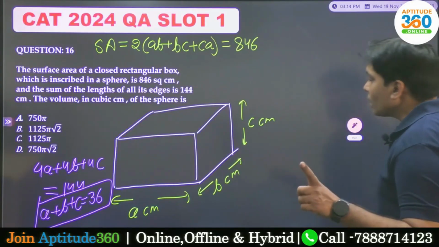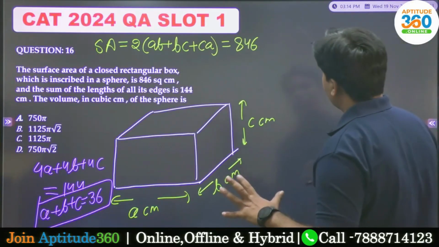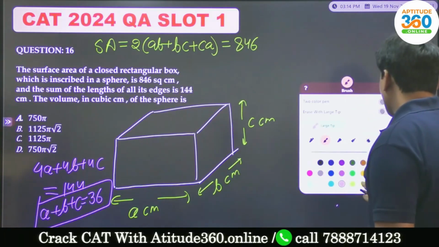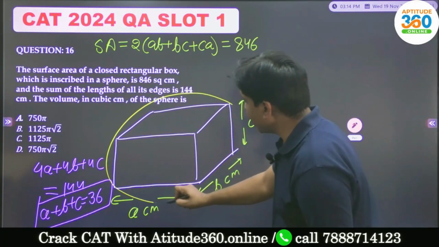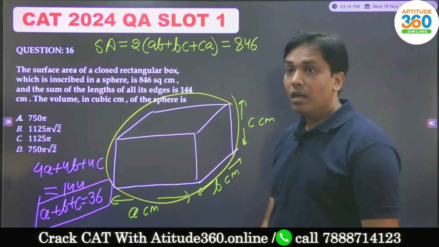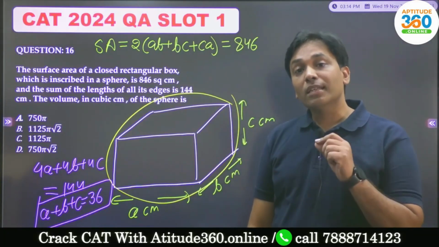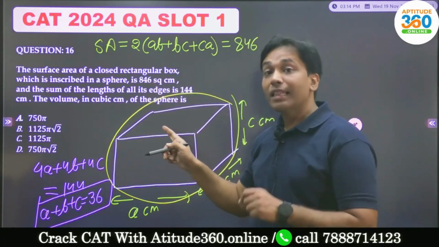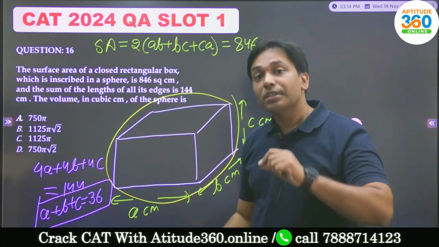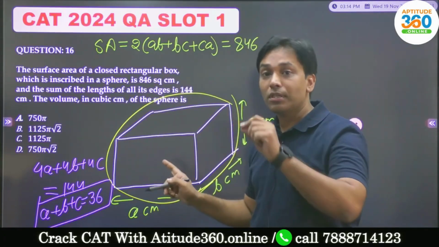Now, if you have got a sphere, please understand this. If you have got a sphere, so this is how it looks like, something like this. And what is going to be the diameter of this sphere? It is length of the largest diagonal of this rectangular solid.